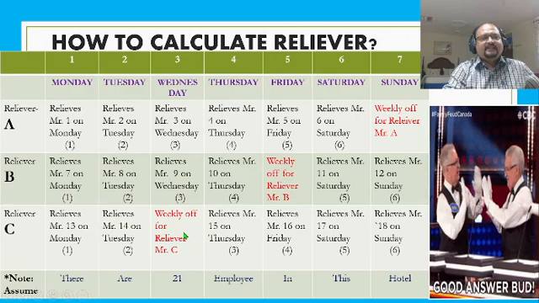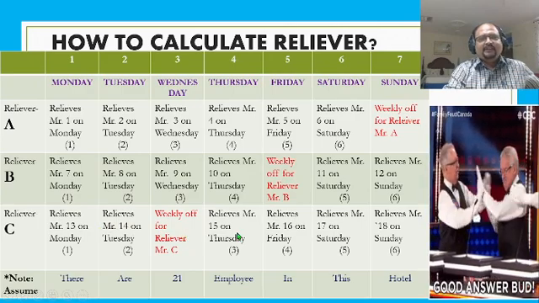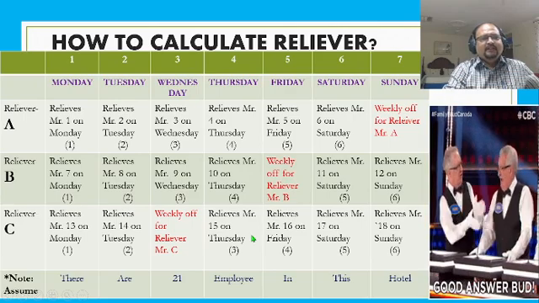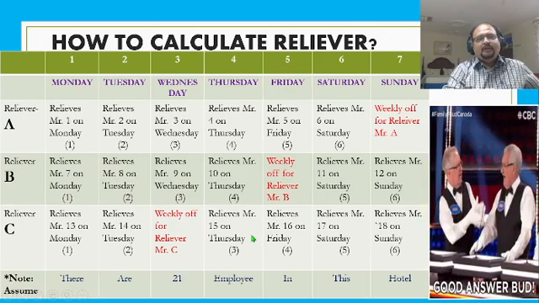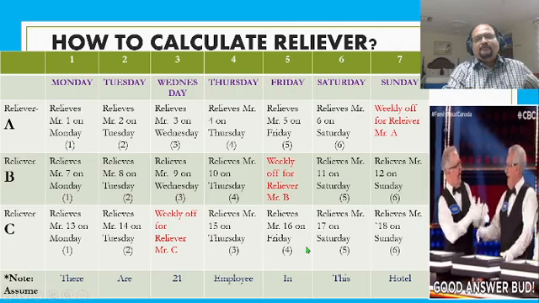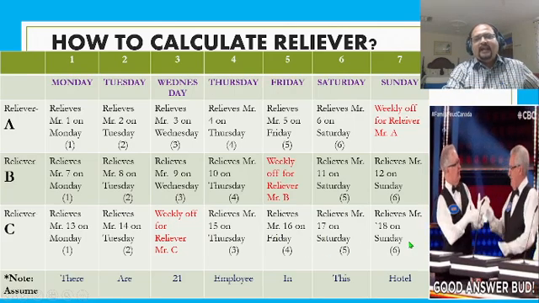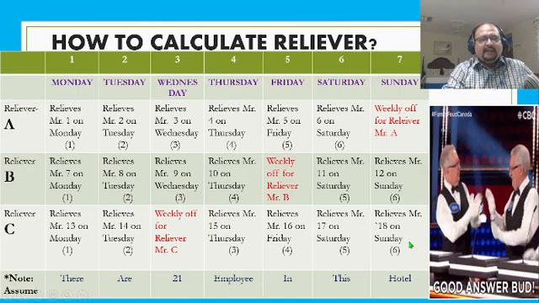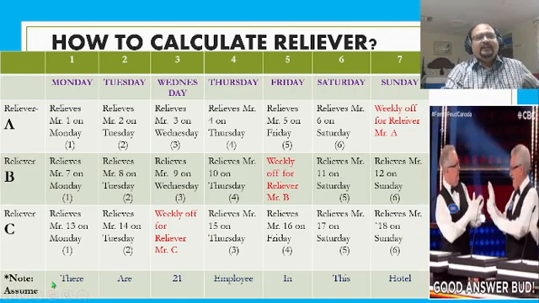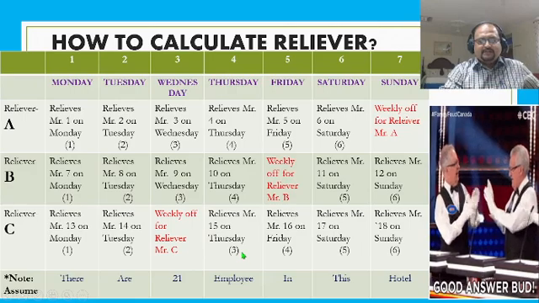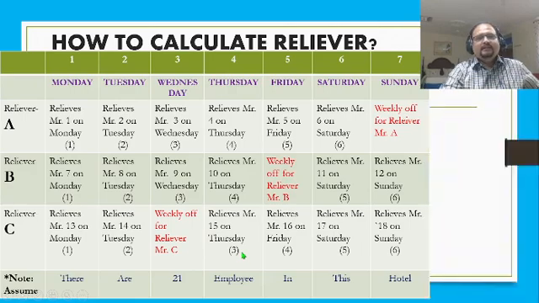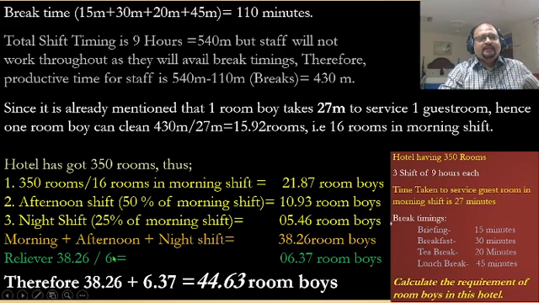In this given case, he or she is taking weekly off on Wednesday, then C will be relieving Mr. 15 on Thursday, Mr. 16 on Friday, Mr. 17 on Saturday and Mr. 18 on Sunday. And this is how we calculate the reliever, and that is the reason in our previous slide we took that to be 6. Hope now it is clear why I divided this total number by 6 and how we calculated the relievers, and this is the way we should calculate.